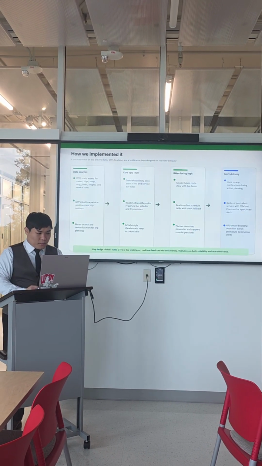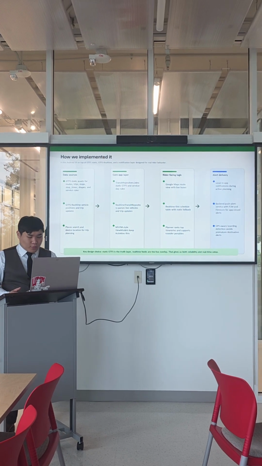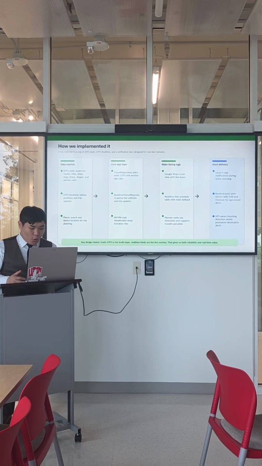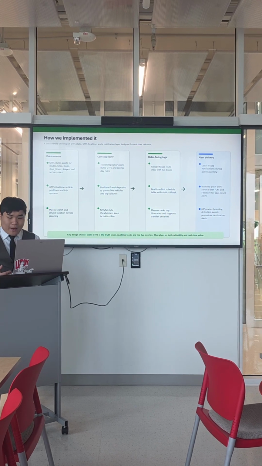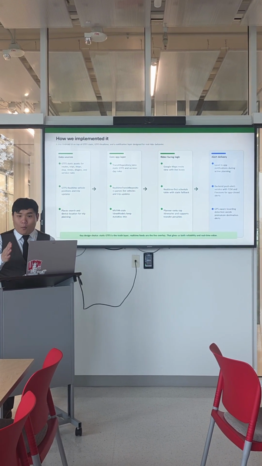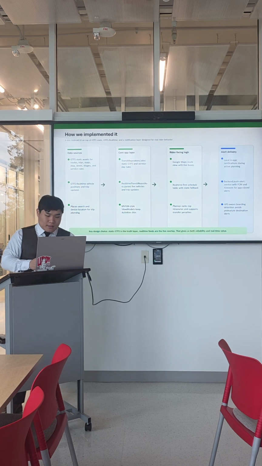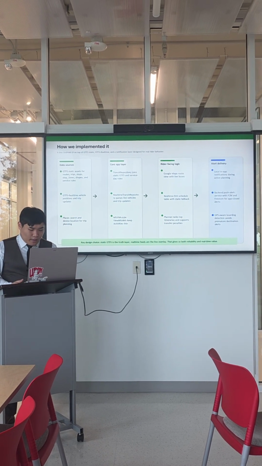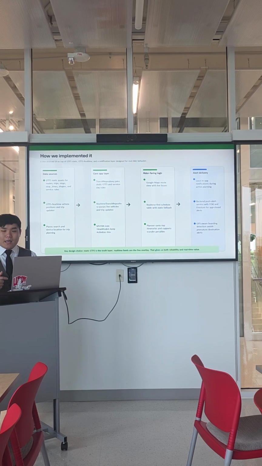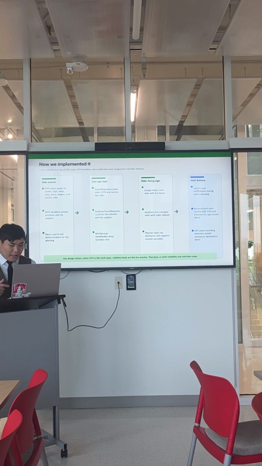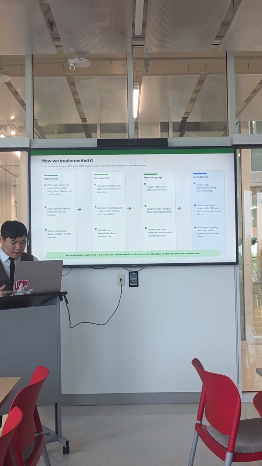So this is how we implemented it. Technically, the app is organized around a clear separation of concerns. Static GTFS gives us route shapes, stop order, service date rules, and fallback schedules. GTFS real-time gives us live vehicles and live trip updates.